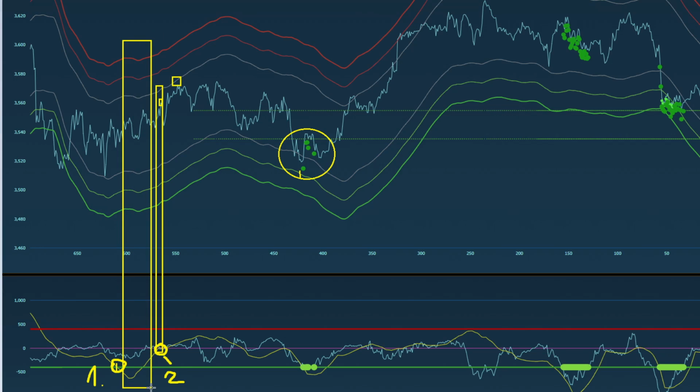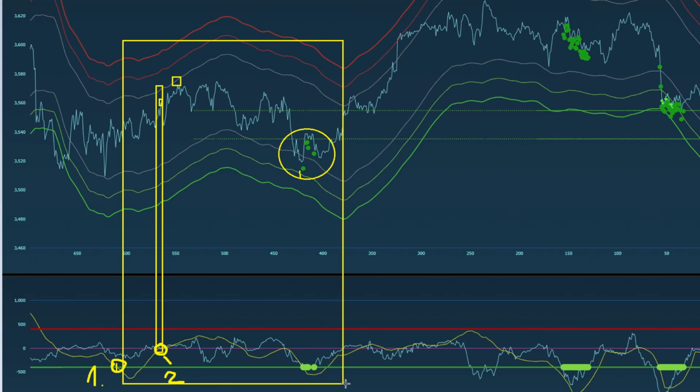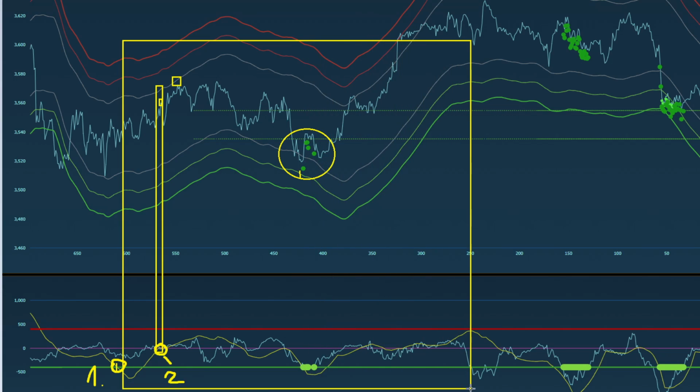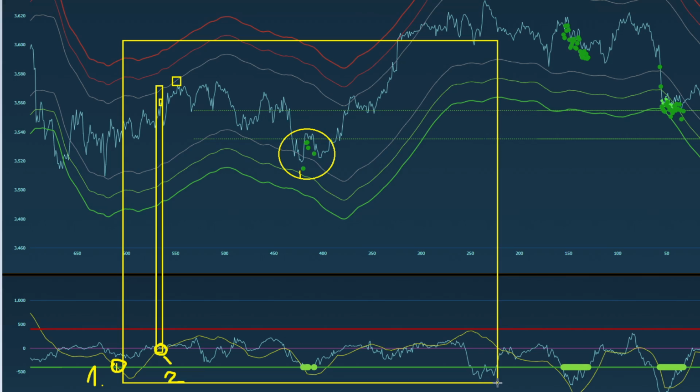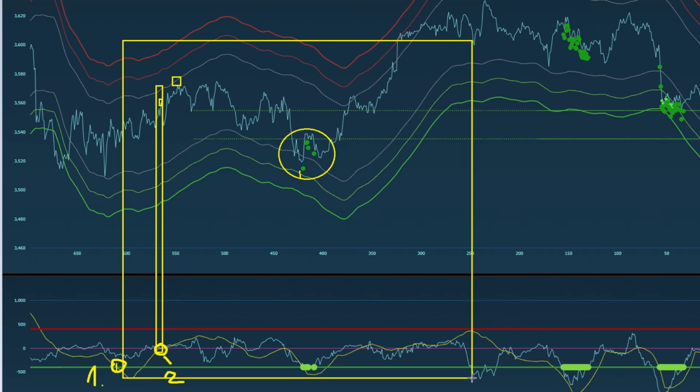Okay, so starting from this point 1 up until this moment here, the Momo 2 shows the downtrend, actually, right? Because it first hit minus 400, and it never went to plus 400 until here.